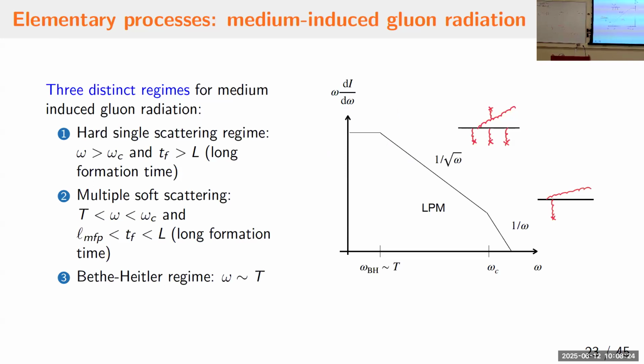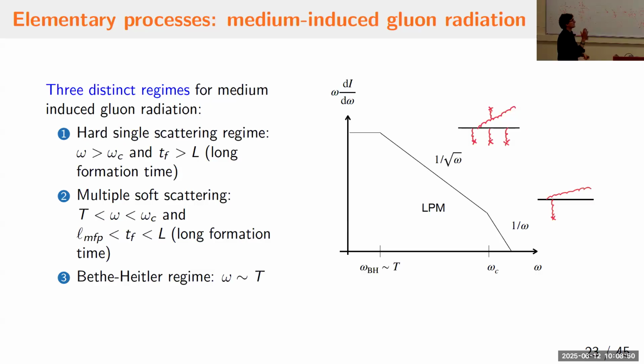Yes? But the medium itself is also not static, right? Because as I keep going, the QGP expands, the temperature is changing. Would that also evolve at the beginning when I've created the system? Yes.